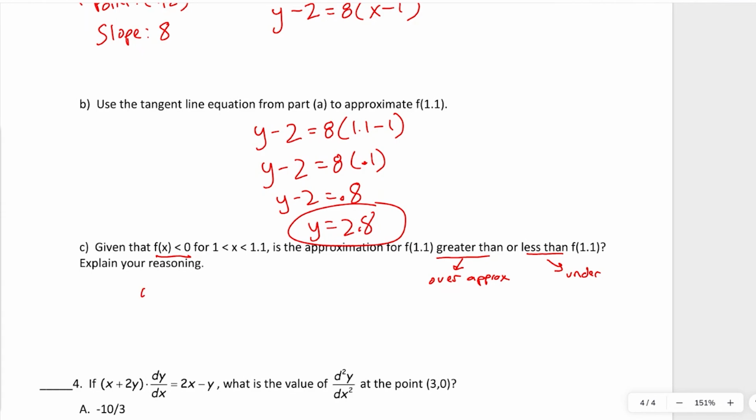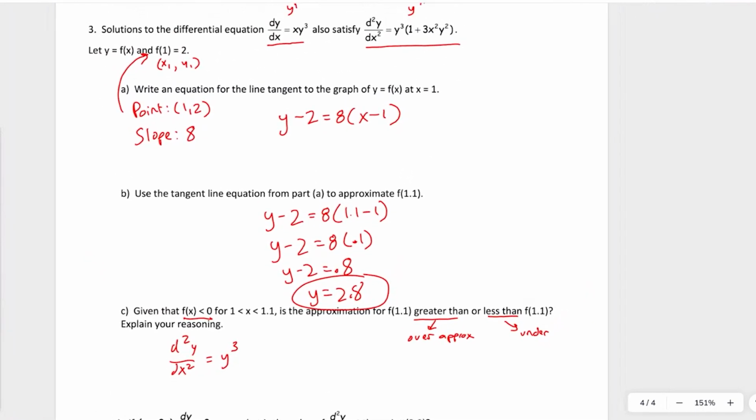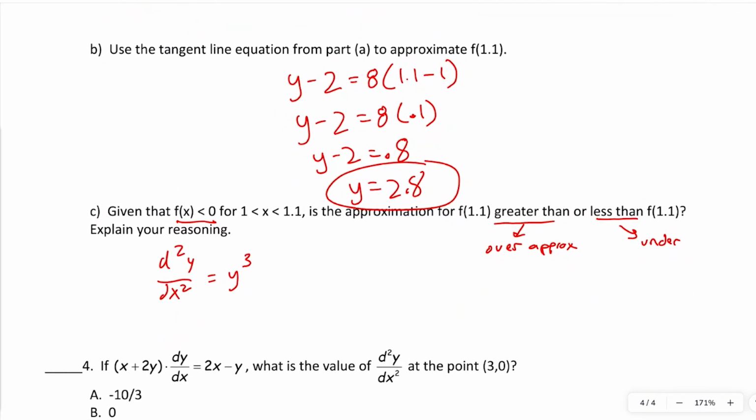Okay, so our second derivative, our d squared y over dx squared, was y cubed times 1 plus 3x squared y squared. I think we were given that. Let's see here.